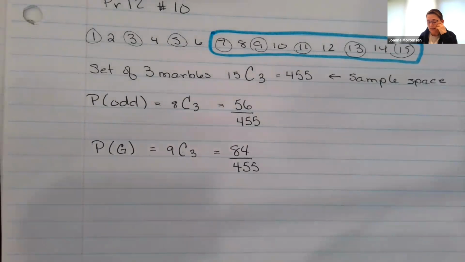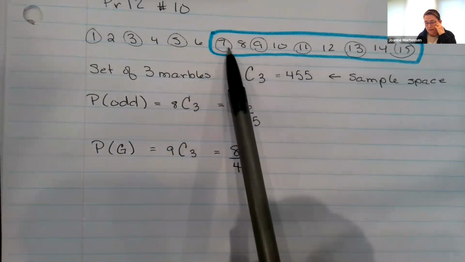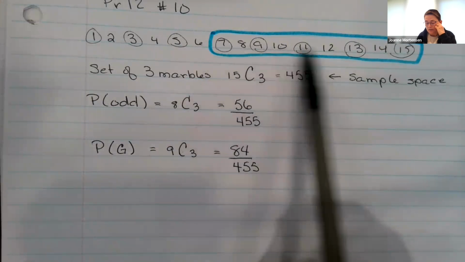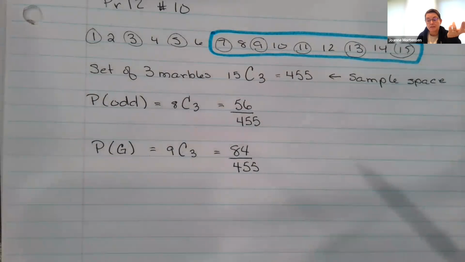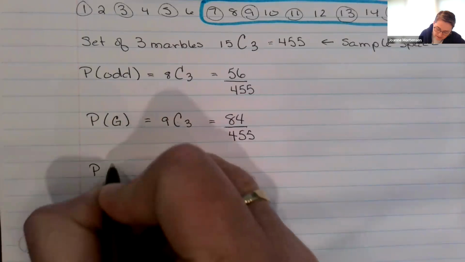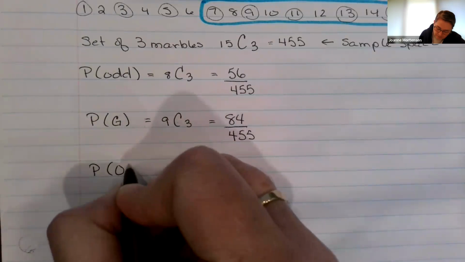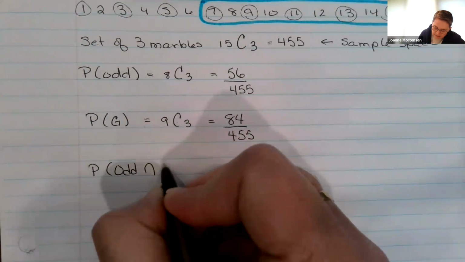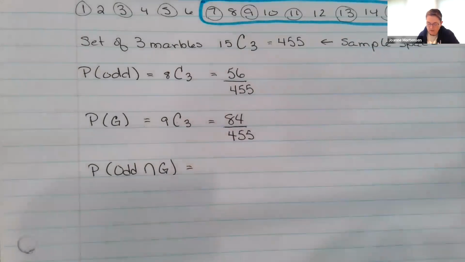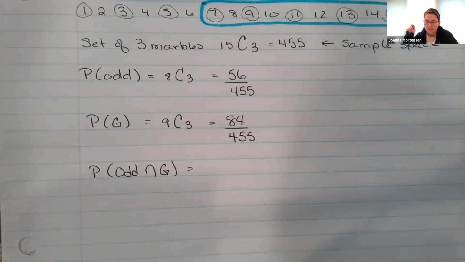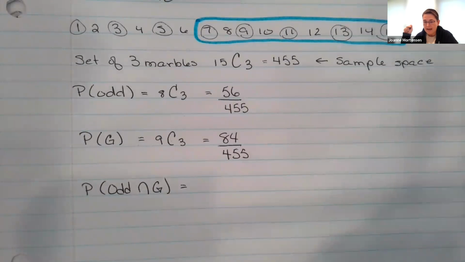But now I'm looking and going, notice up here how some of them are both circled and in blue. So we've got some overlap. So let's do that. The probability of odd, and greater than 6. So let's see how many options we have there. I'm going to count only the ones that are circled and in blue.